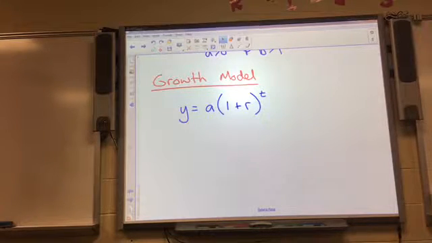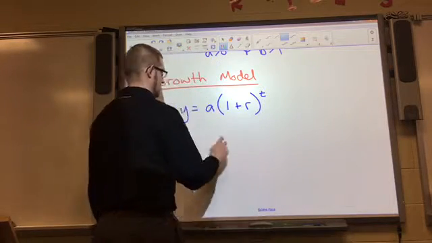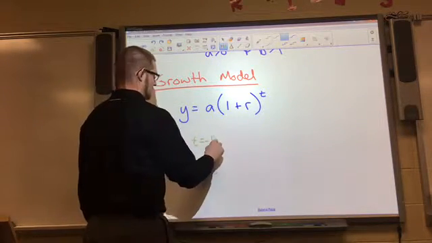A lot of exponential growth is used in banking scenarios, like how much money am I going to have after this amount of time? What's a house going to be worth after this amount of time? That would actually be a decay model. Or inflation, stuff like that. Your t is time in years.